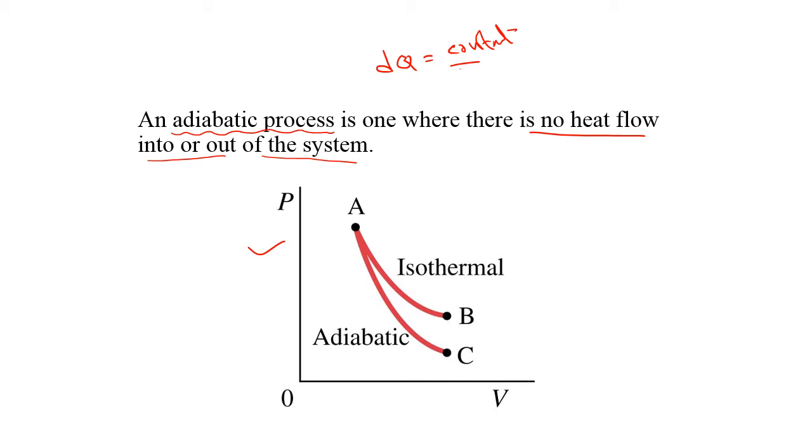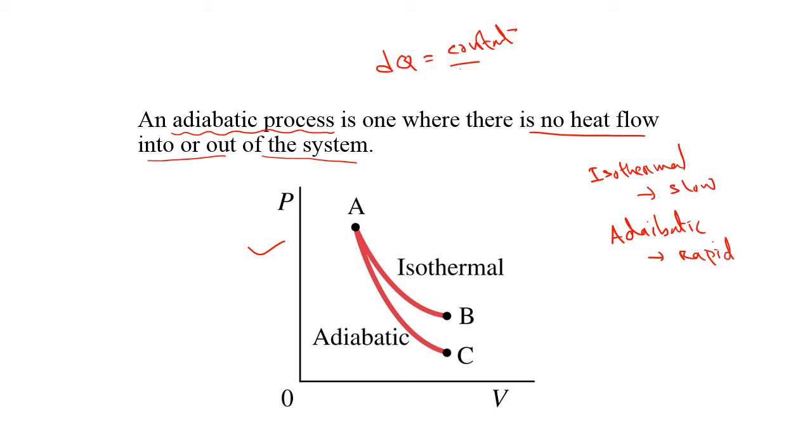Okay, I think you remember in the isothermal lecture I said that there are two conditions. One condition related to the isothermal is that the process is slow. Same here in adiabatic, the process is rapid or fast.